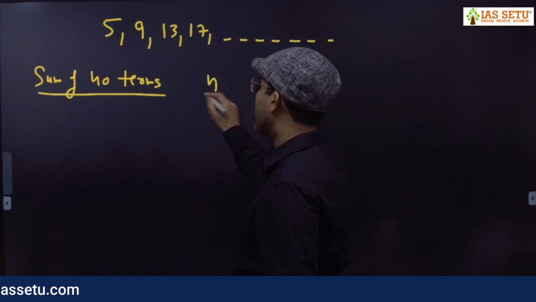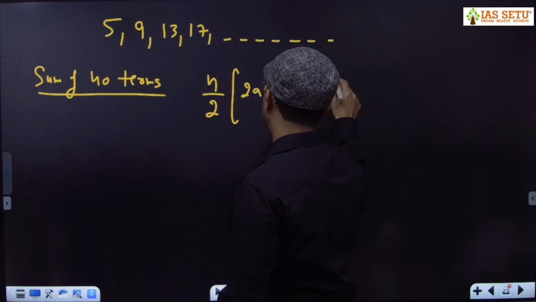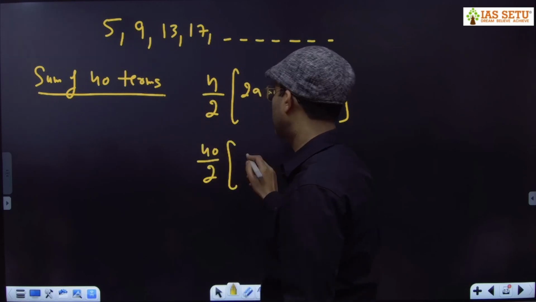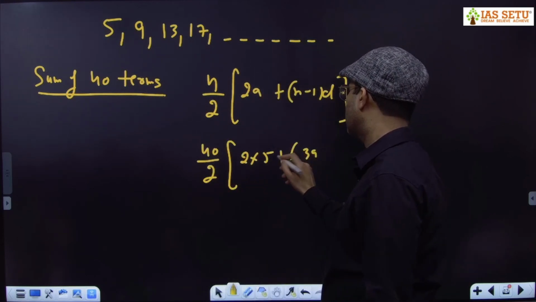Okay, n by 2 (2a plus (n minus 1) into d). What is n? 40. What is the first term? 5. So it is 40 minus 1, 39.